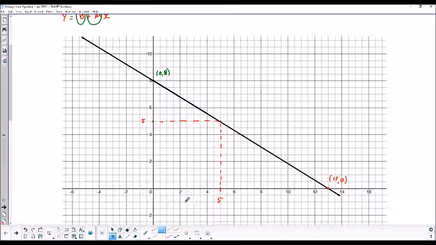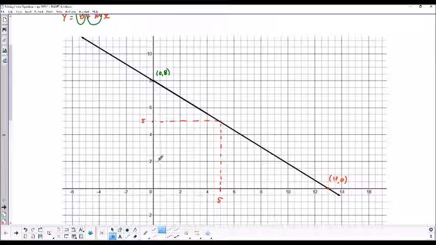What if I asked, what's the value of x when y equals 2? Let's see if I can get a good point here.